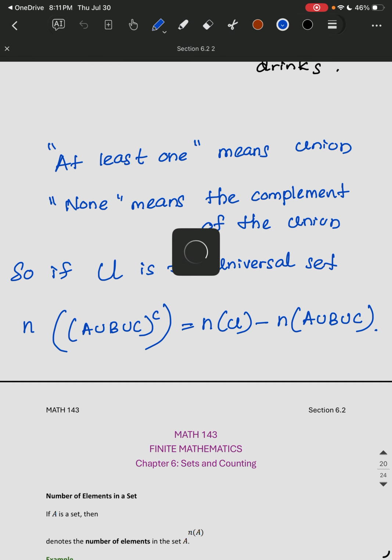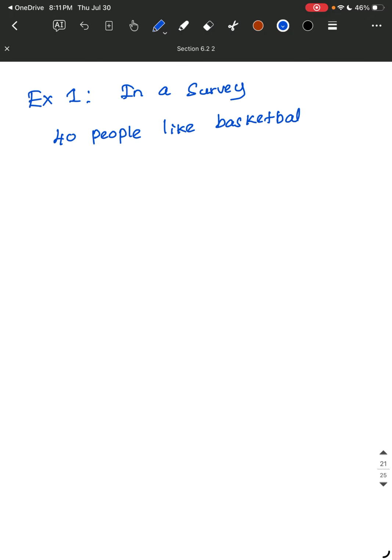For additional practice, I will give you more practice questions. Exercise 1. In a survey, 40 people like basketball, 35 people like soccer, and 15 like both.